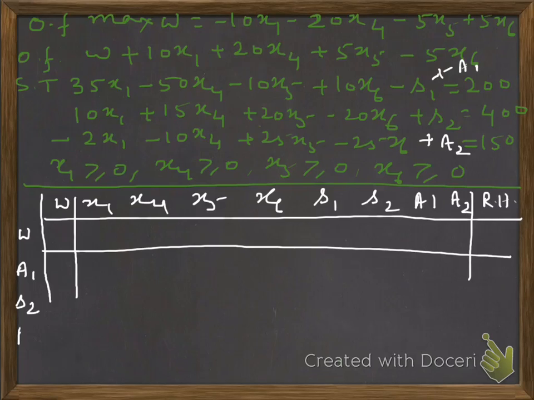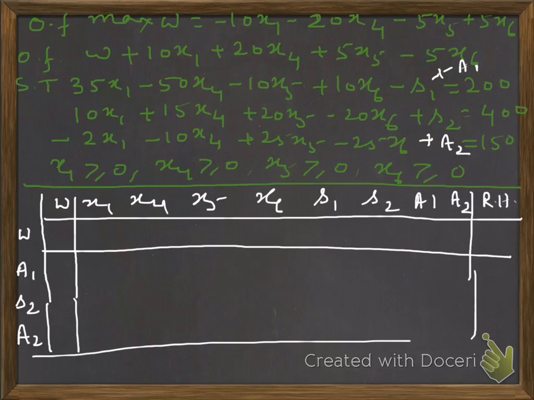So the third variable in the basis is A2. A1 and A2 are artificial variables, and though we can't do much to make them leave the basis, we can do something so that if they get out of the basis, they never come back.